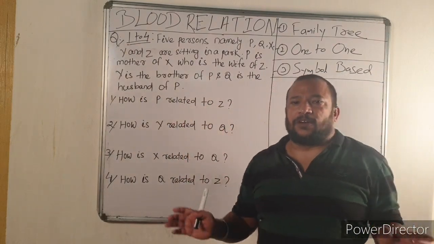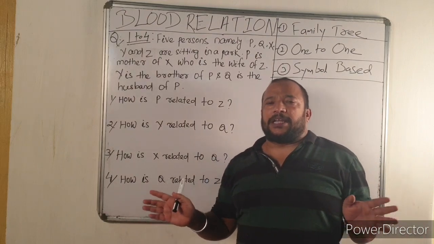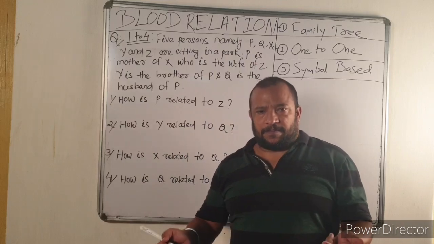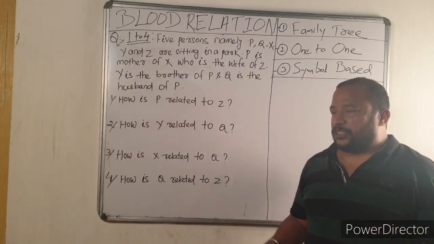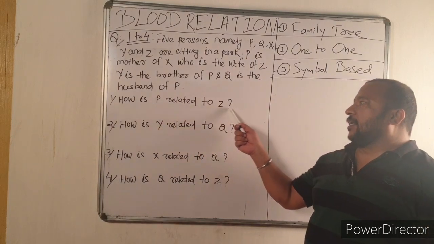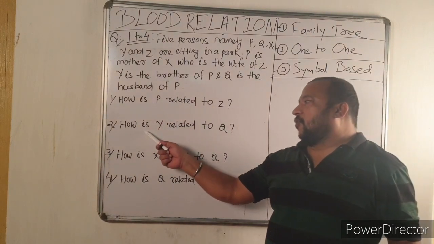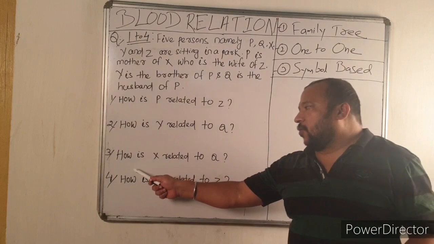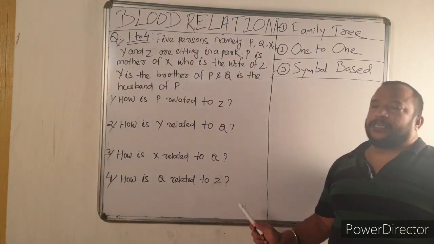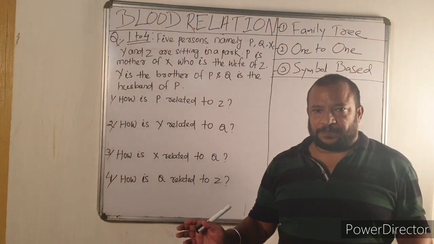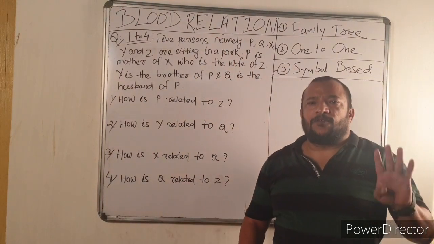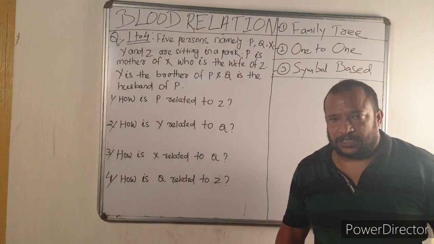This is the question. Normally in a family tree question you will get the instructions followed by 4 to 5 questions. Now the questions are: how P is related to Z, how Y is related to Q, how X is related to Q, and how Q is related to Z. So these are the instructions followed by 4 questions.